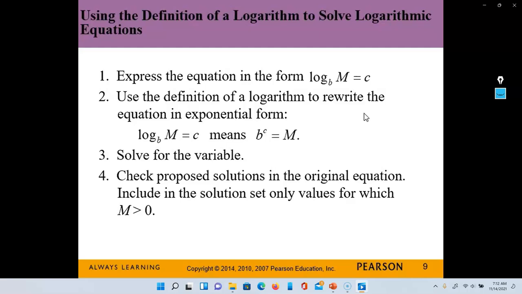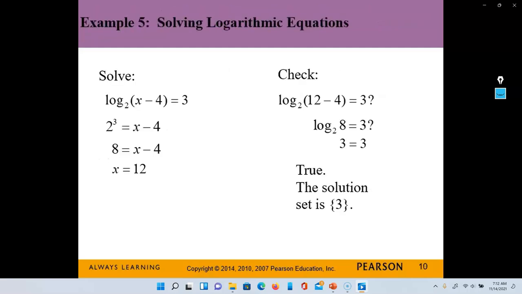So we're converting it from log form to its exponential form, solving for the variable. And remember, we can't have a value that is 0 or negative. All right, let's look at an example here. Example 5.